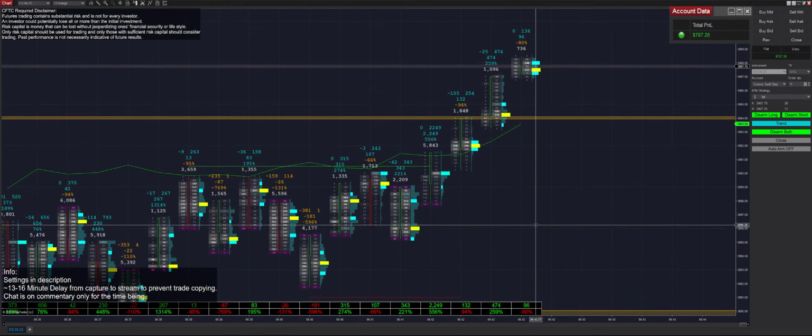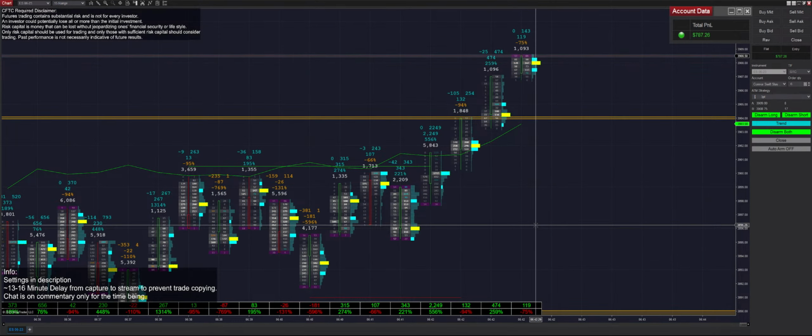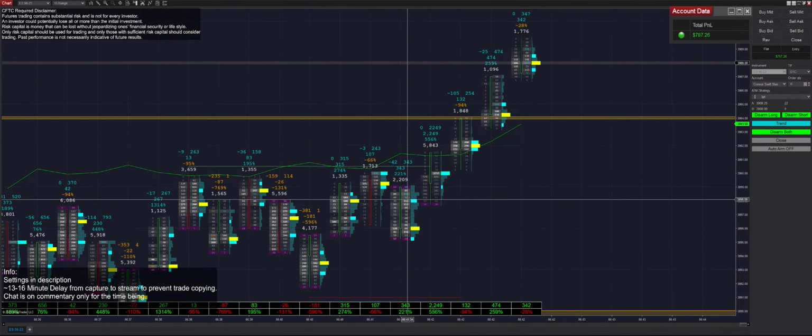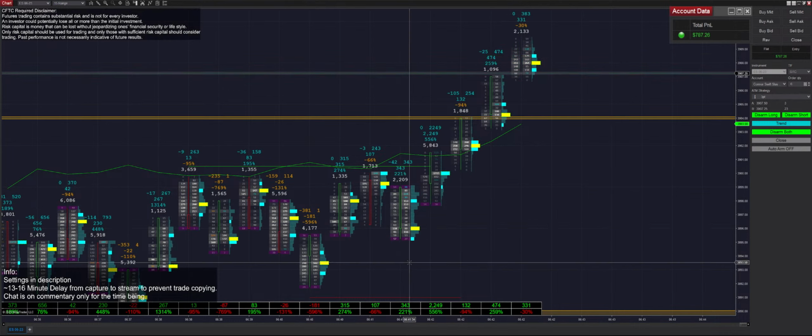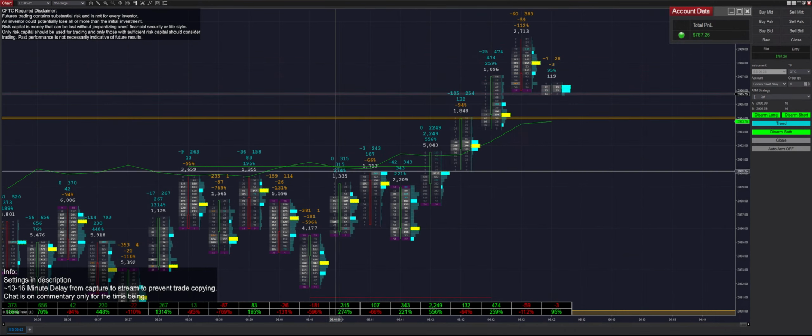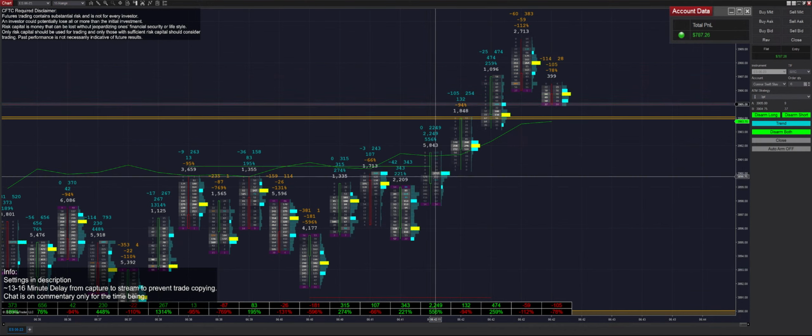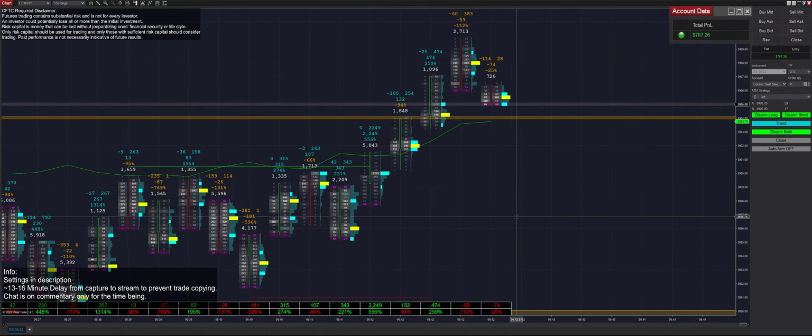Okay, as you can see there, we got stopped out. Switched into trend mode now, and unfortunately we missed out on this entire run. Because it closed above that, that was why we switched into trend mode, but no trades were taken anyway.